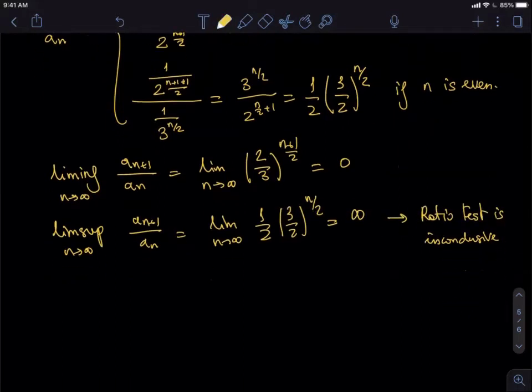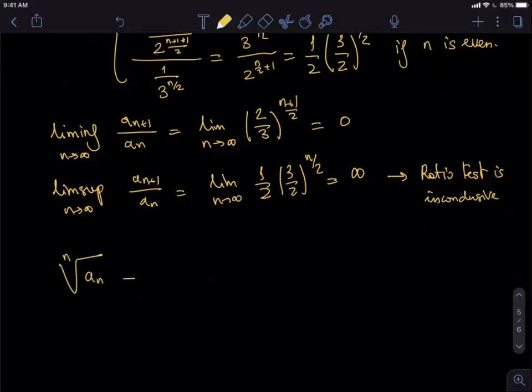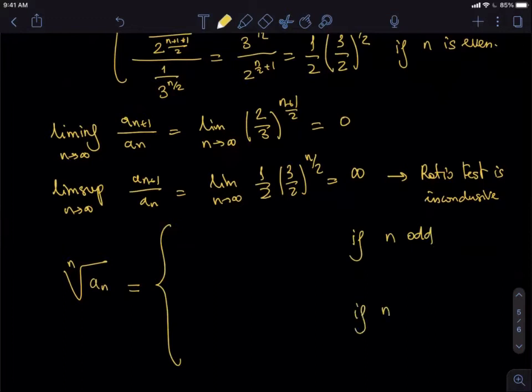Okay, so we need to continue because maybe the root test actually works. Let's see. Again, when we compute the nth root of a_n, we need to consider two cases. Depends on if n is odd as before, or if n is even.